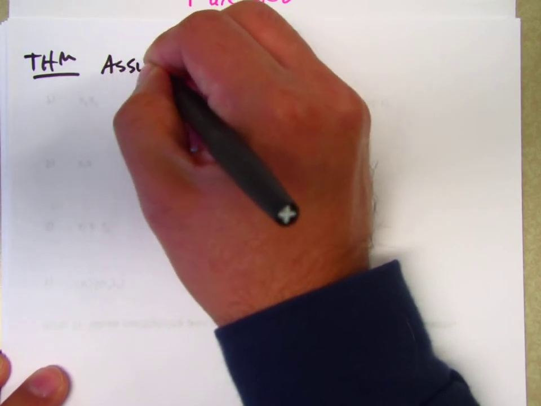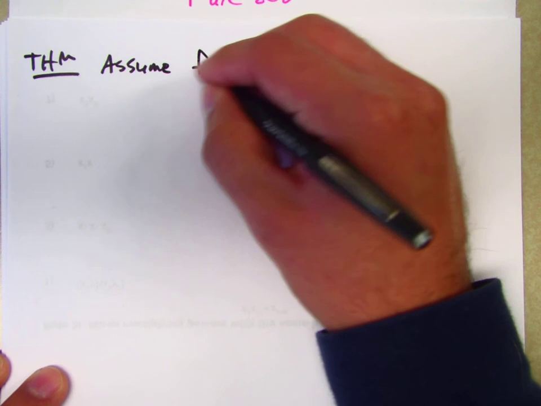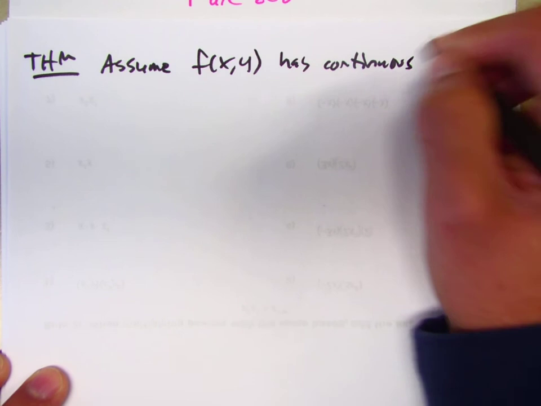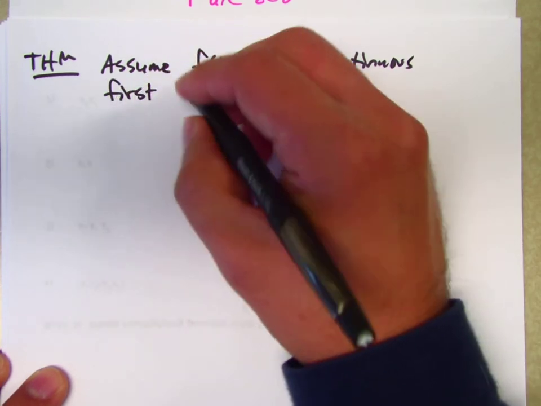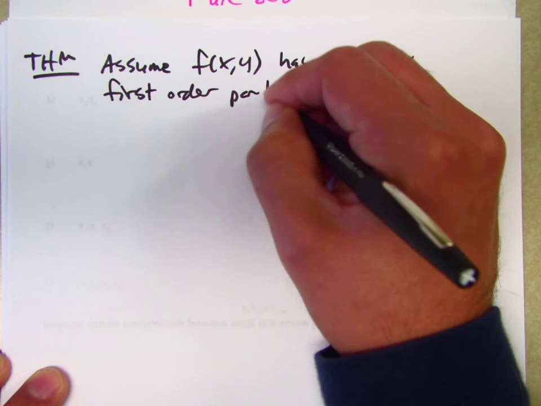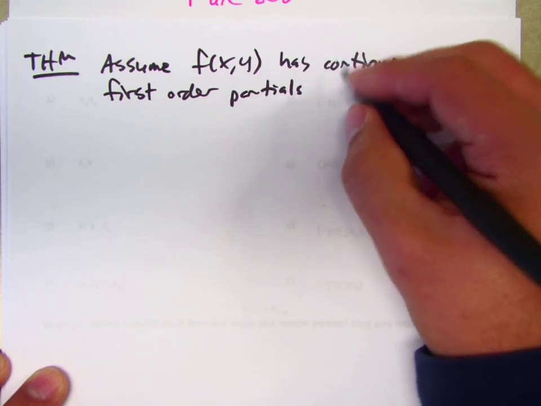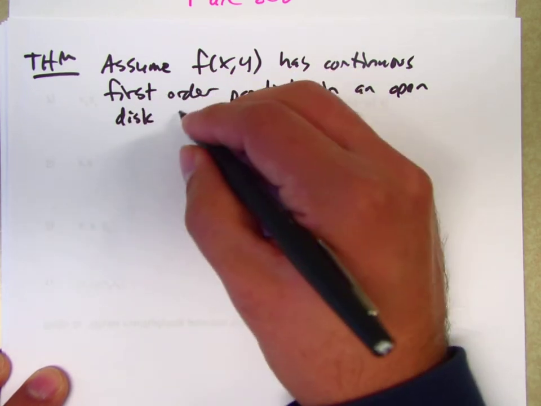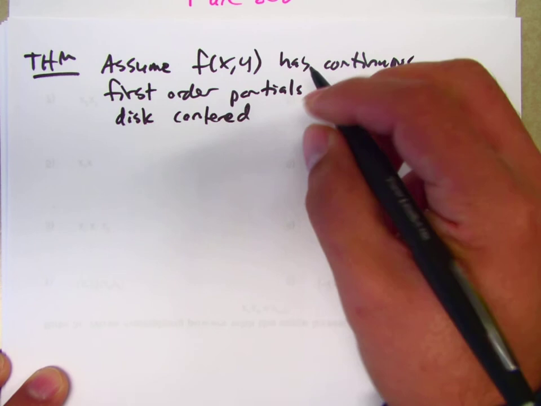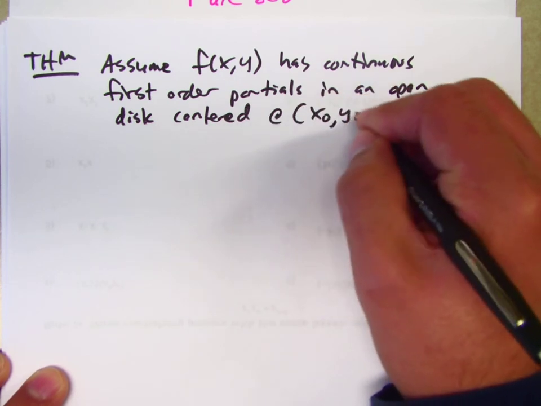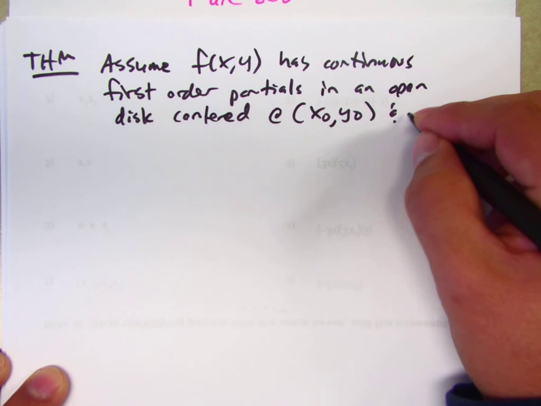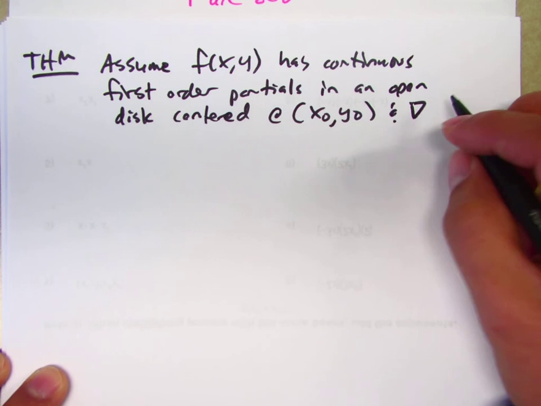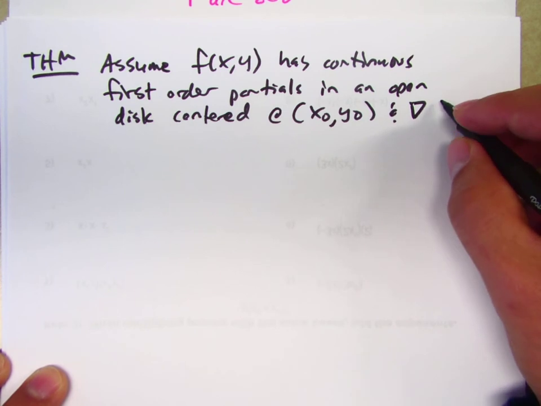Let's go ahead and assume that f of x, y has continuous first order partials in an open disk centered at a point x naught, y naught. And that the gradient, so obviously if the first order partials exist, that means the gradient exists. And let's also assume that the gradient of f does not equal the zero vector.